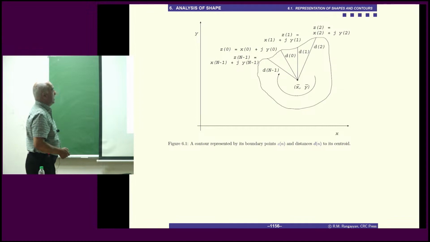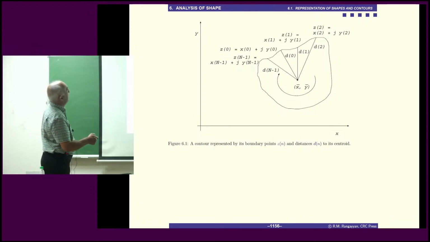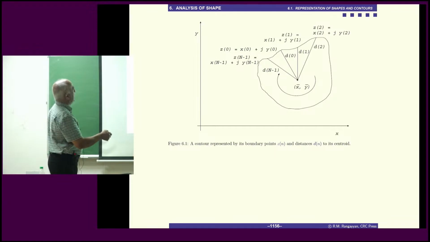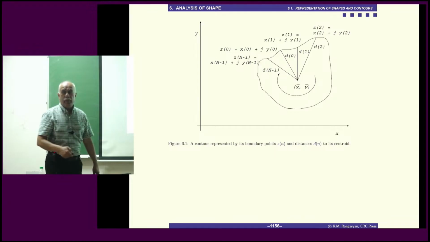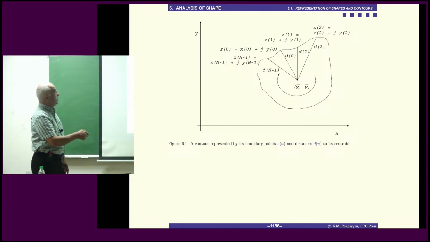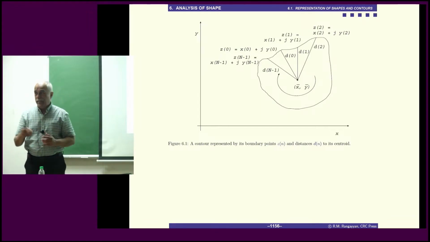So here is a representation of a contour, the centroid x bar, y bar, and z0 equal to x0 plus jy0. That's the starting point, point 0. x0, y0, x1, y1, x2, y2, and so on, xn minus 1, yn minus 1. You want to go clockwise or counterclockwise, it depends upon your convention.